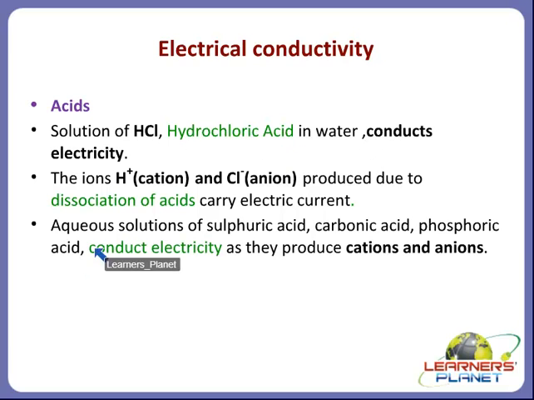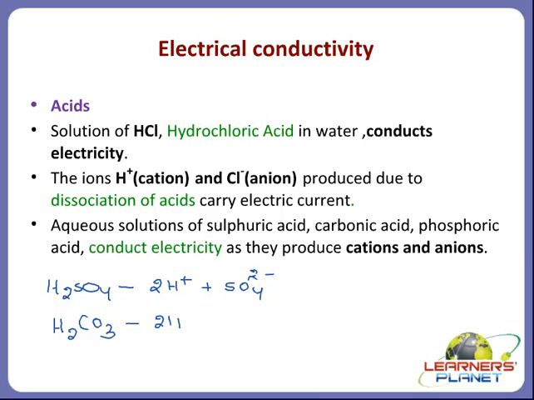Okay, students? Now, aqueous solutions of sulfuric acid, carbonic acid, phosphoric acid conduct electricity as they produce cations and anions. Now let's take sulfuric acid. What type of ions is this sulfuric acid forming? Tell me. It is forming hydrogen ion and sulfate ion. Right? What type of ion is your carbonic acid, H2CO3, forming?